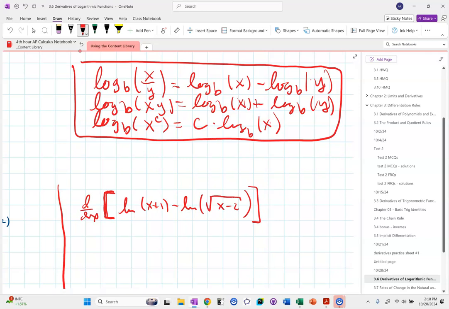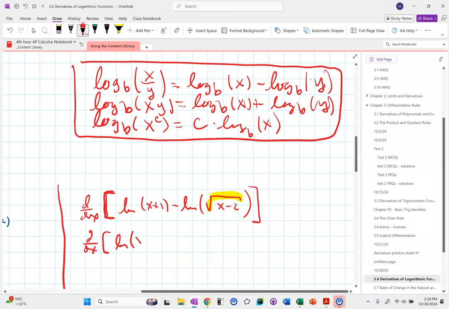And then I recognize that, hey, that square root is the same thing as an exponent of 1/2, right? So I can do that.